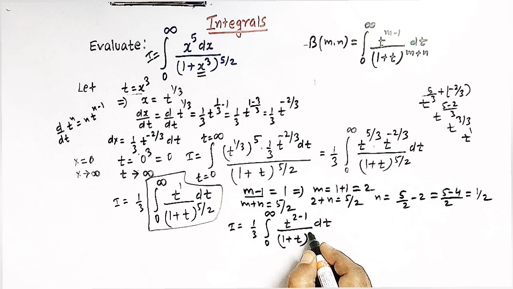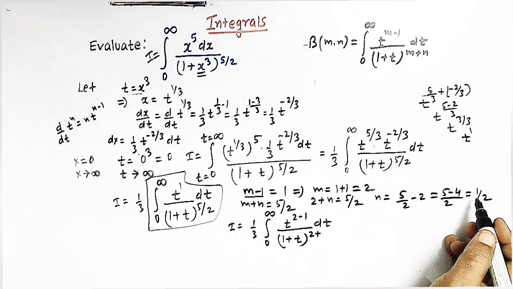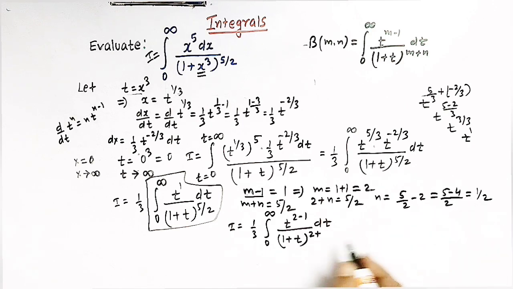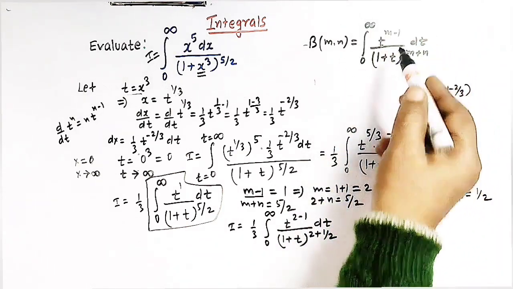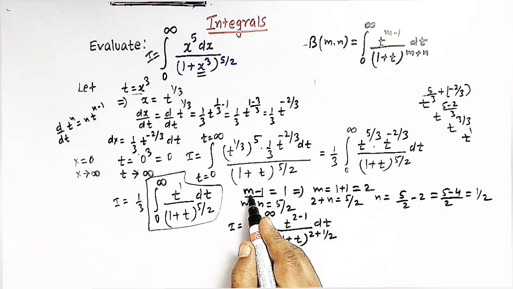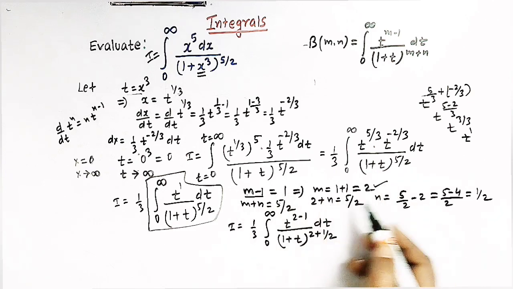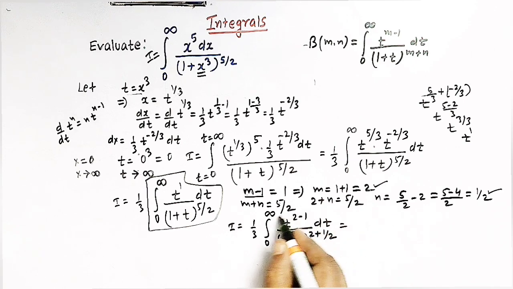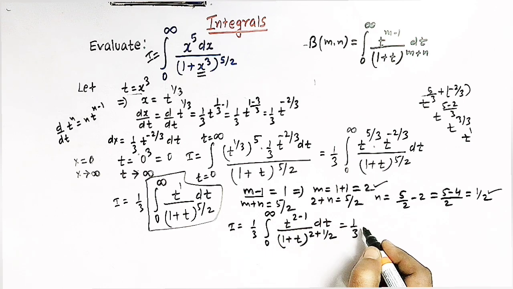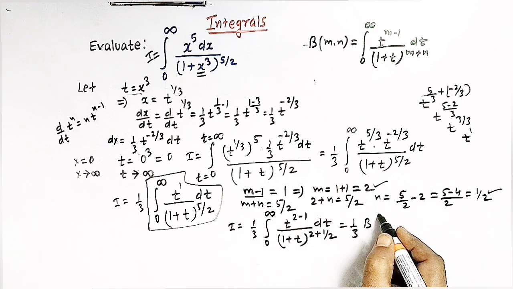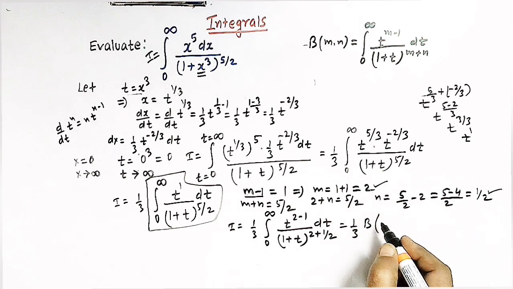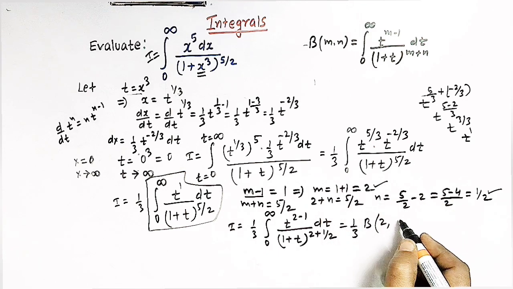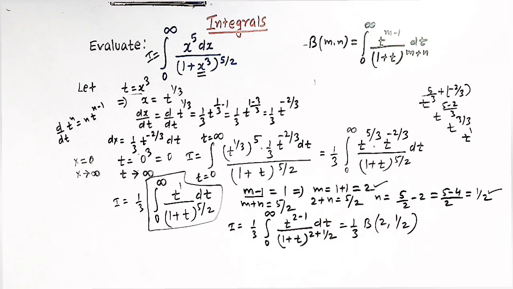M is 2, and n is given by half. So now this integral is exactly of this form. So now the value of m is 2, and the value of n is half. So this is our beta function. So we have 1 over 3 times the beta function of m comma n, where m is 2 and n is half.